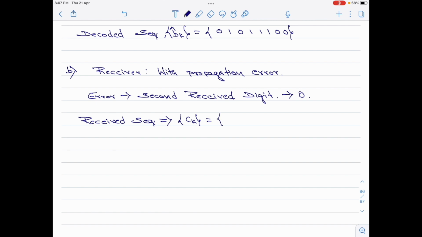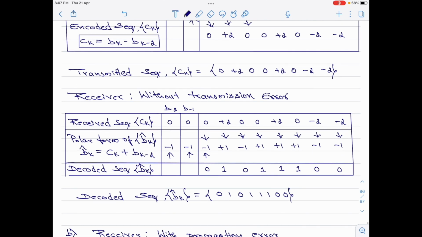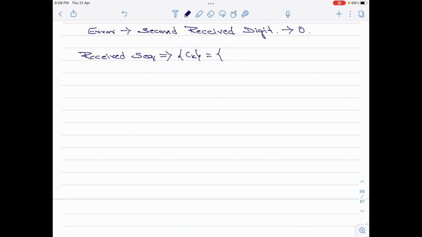Please come back to the transmitted part and note down the second digit is +2, but due to transmission error it has been changed to 0. So, the new received sequence is 0 0 0 0 +2 0 -2 -2. This is our new received sequence.